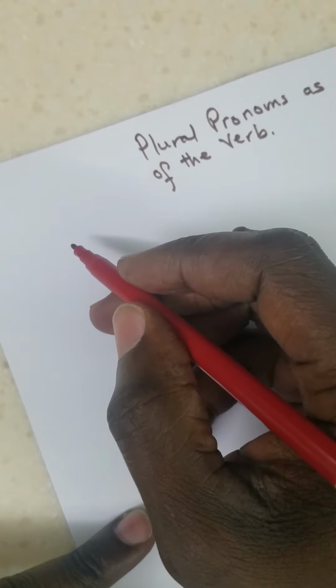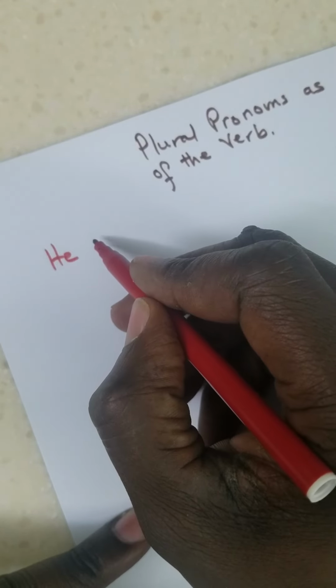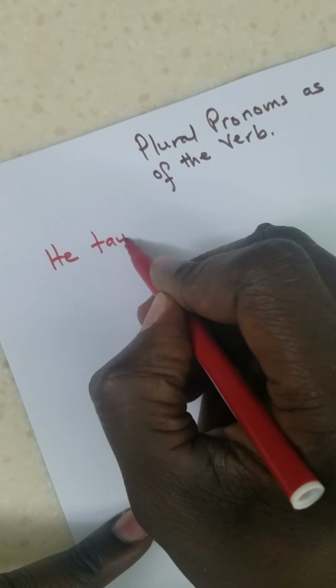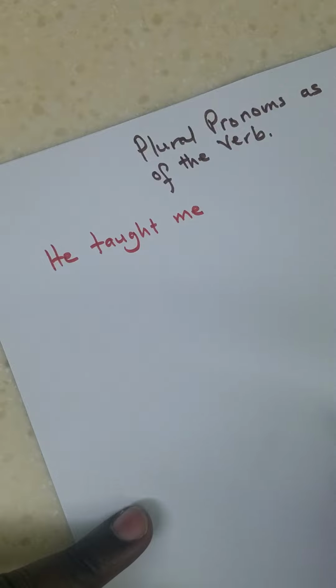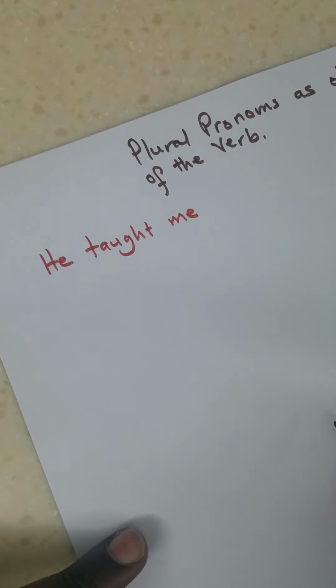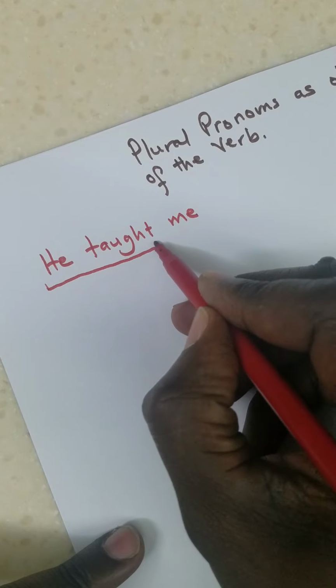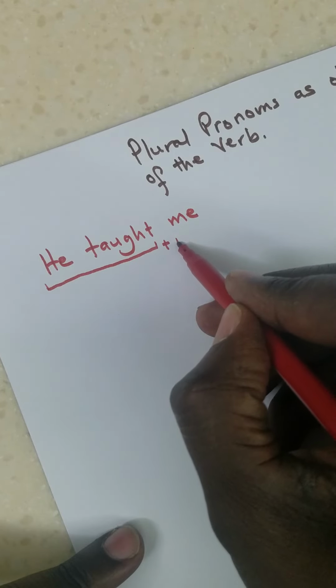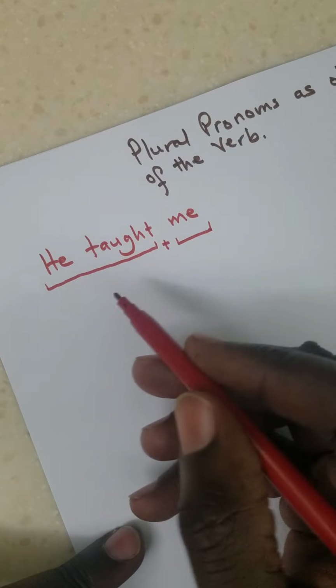examples. We had an example like he taught me. And when you look at this example, he taught me, we said he taught plus this. Now me in this case is the pronoun I. He taught me.